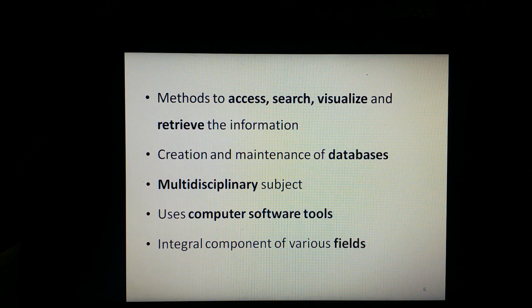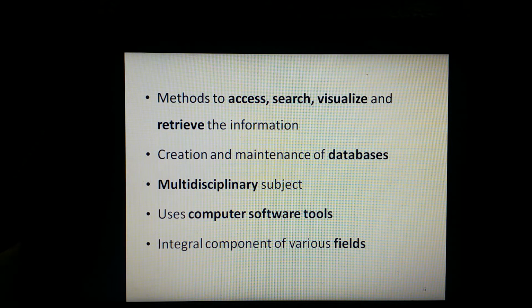Bioinformatics includes databases of sequences and structural information, as well as methods to assess, search, visualize, and retrieve the information. Bioinformatics concerns the creation and maintenance of databases of biological information, whereby researchers can both assess existing information and submit new entries.